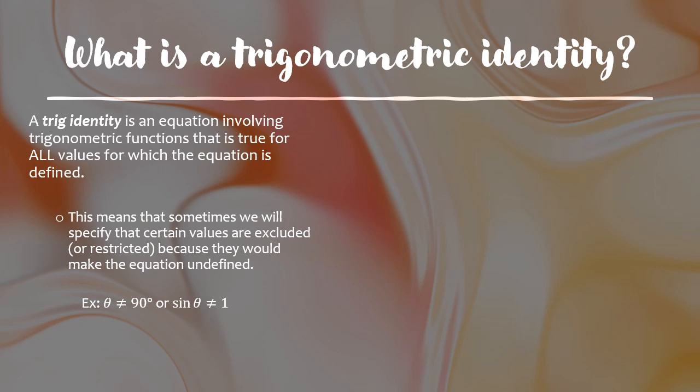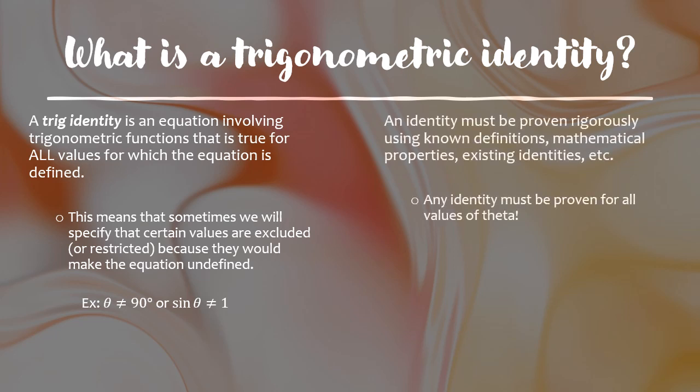Remember back to our domain restrictions when we were working with rational equations, because oftentimes those values would make our identity undefined, and we don't want that. So for example, we'll see restrictions like theta can't be equal to 90 degrees, or what we'll see more often is the sine of theta can't be equal to, for example, 1, or the cosine of theta can't be equal to whatever. So we'll look at those going forward.